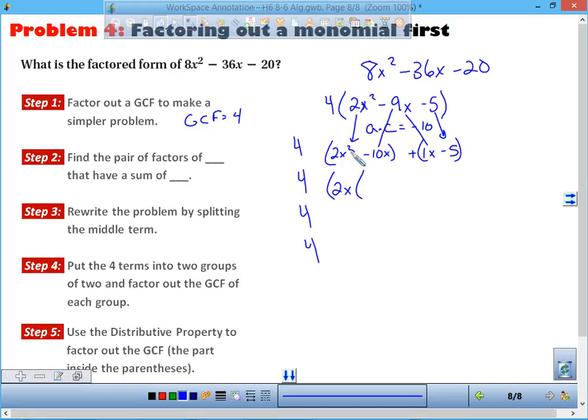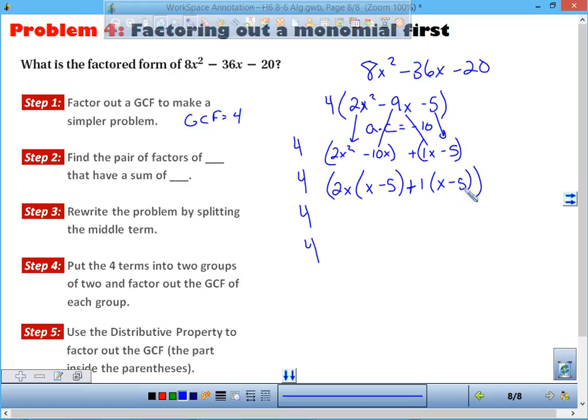So now I have just x left here, because 2x squared divided by 2x is x. Negative 10 divided by 2 is negative 5, and x divided by x, they cancel out. Then the greatest common factor of these two is just going to be 1. That's all I can take out of both of them that is common. So I put the 1 there, and then what is left? Well, x minus 5.